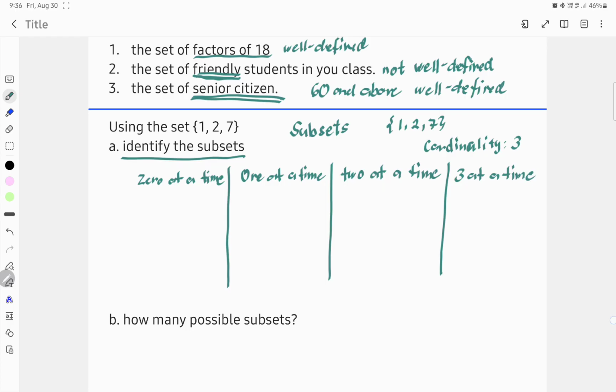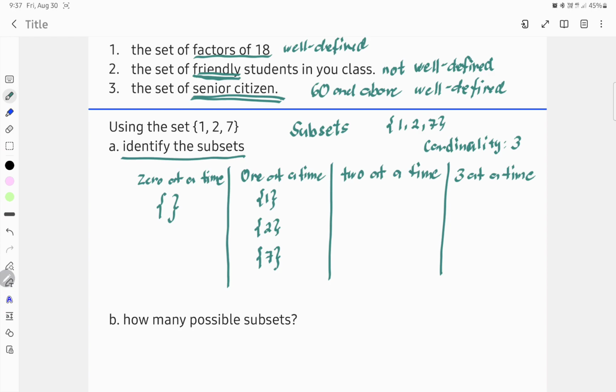When we say 0 at a time, remember that a subset of any set is what we call the null set. So we have 1. Working with 1 at a time, we can have every element in the set 1, 2, 7. So we have the set containing 1, the set containing 2, the set containing 7, and there are 3.